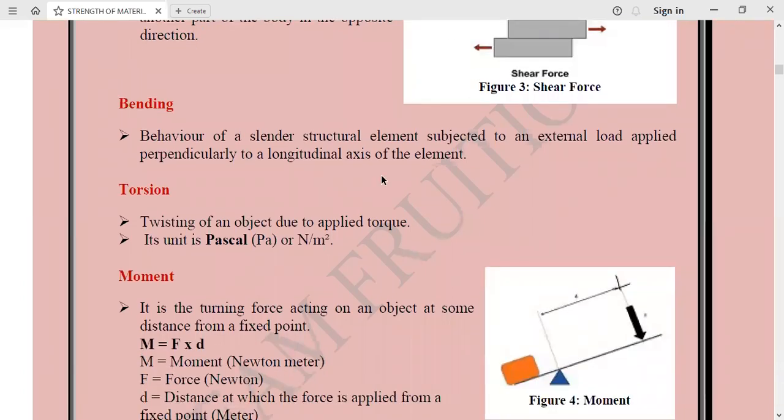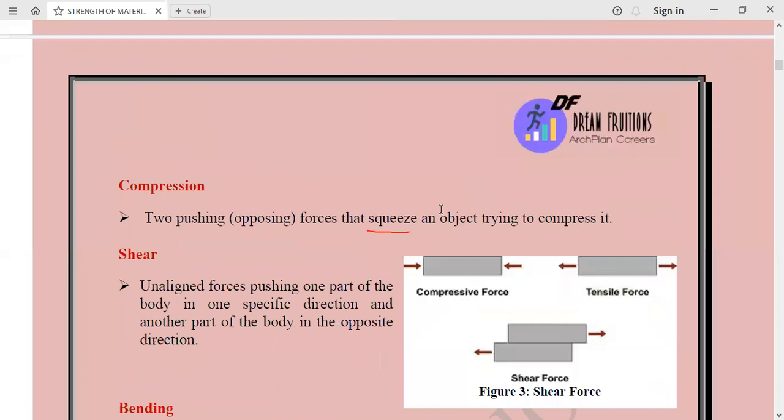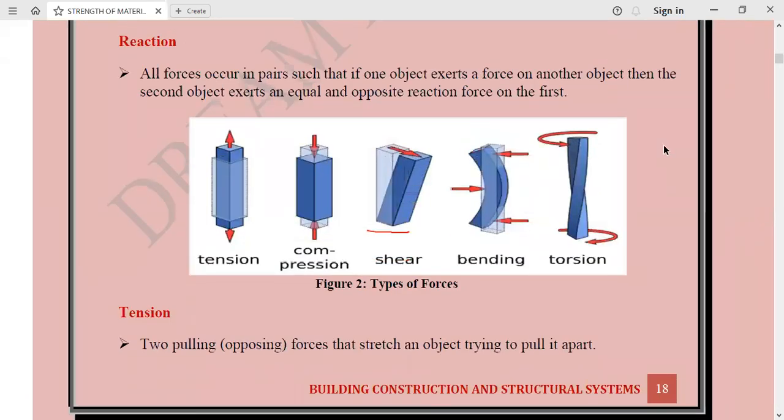So what is torsion? In torsion, you have to remember that you have to apply torque. For torsion, you have to apply torque on the element. So what is a torque? Here you see, you have an element and you have applied one force at one end of the element, another force at the other end of the element.